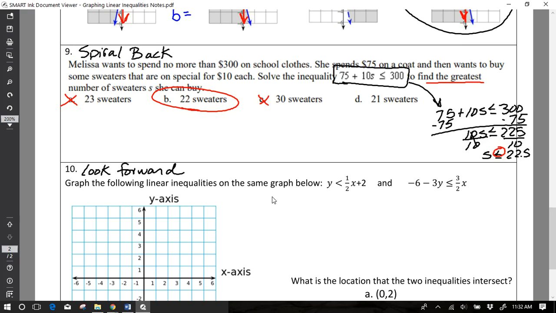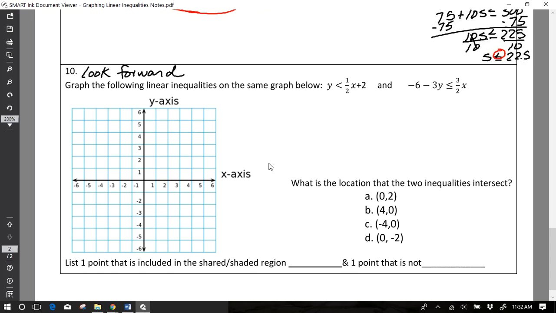Now we're going to take a look forward. Looking forward is going to use what we have learned today, and that is putting an inequality into slope-intercept form. So let's do that here. No matter what form it starts out looking like, we can just rearrange it to get the y by itself.